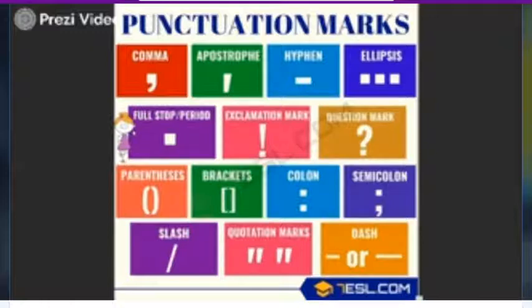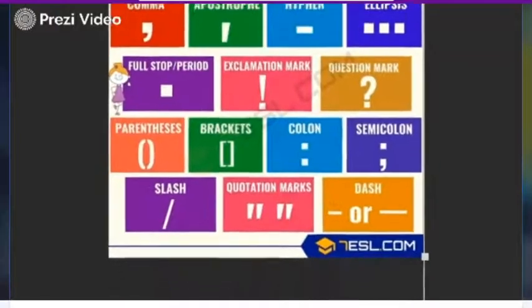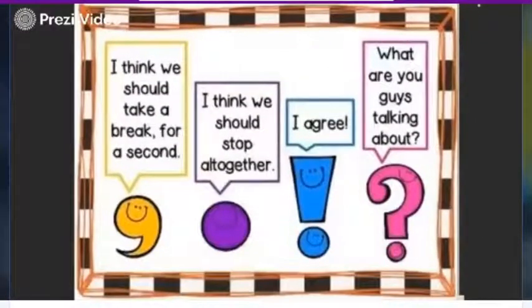Now, you're going to sometimes find another punctuation mark, but these are the most important. Like I have told you before, the basic punctuation marks are the comma, the period, the exclamation point, and the question mark.